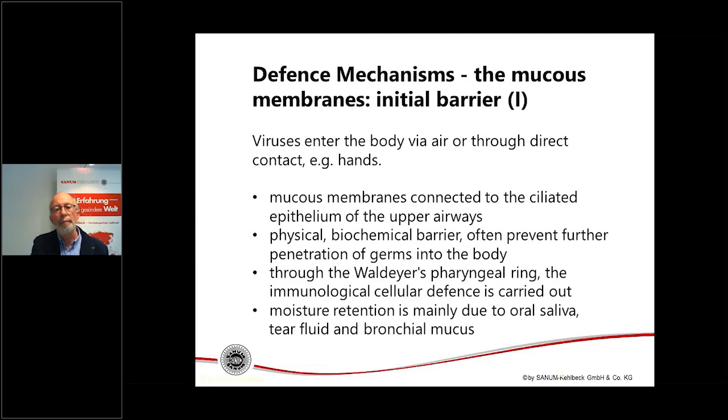These form a physical and biochemical barrier that often prevents further penetration of germs into the body. Moisture retention of the mucous membrane is mainly due to oral saliva, tear fluid, and bronchial mucus. Through the Waldeyer pharyngeal ring, which consists of tonsils, the immunological cellular defense is then additionally carried out.